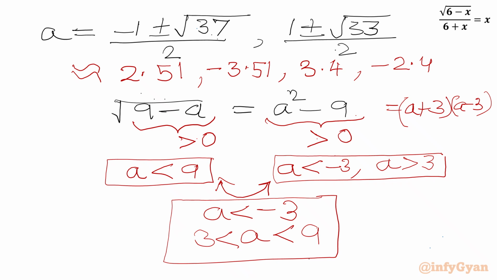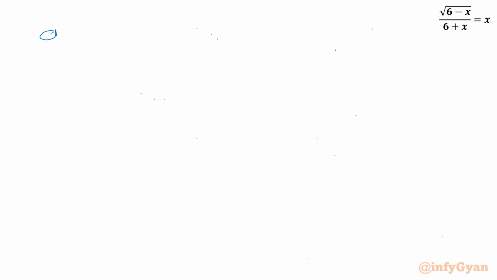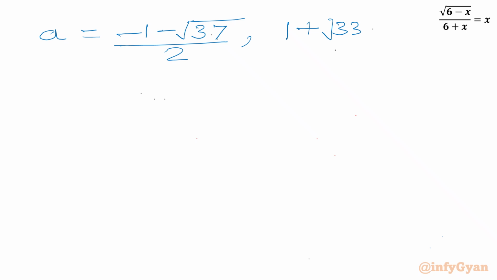Now we will apply these two conditions for our a should be real. So I can write these two will be rejected and these values we will accept. So I can write two values of a only. So a would be equal to -1 minus square root 37 over 2 and 1 plus square root 33 over 2.